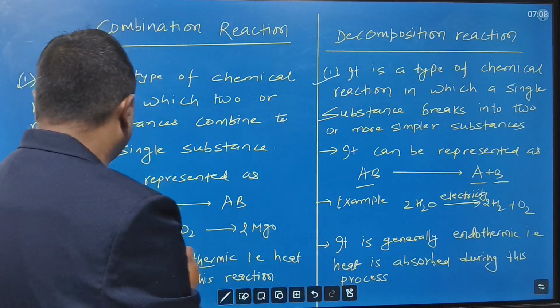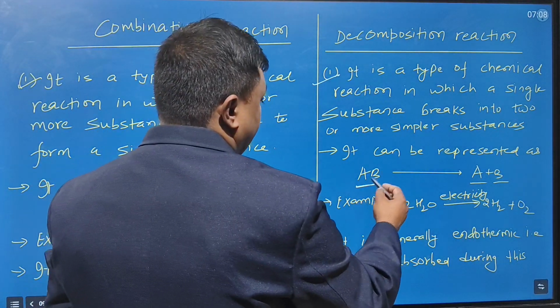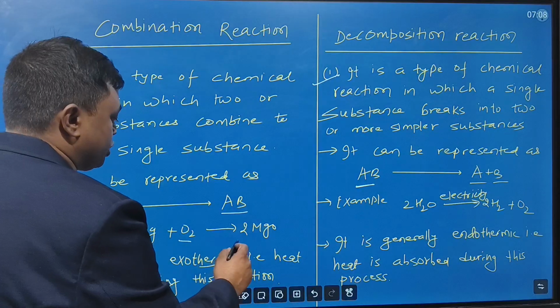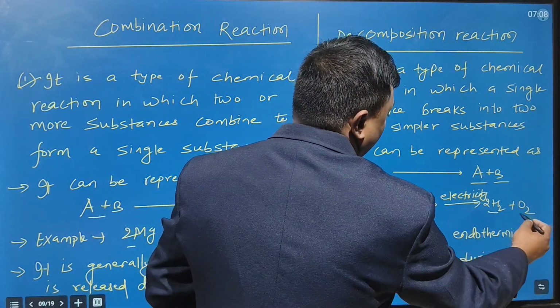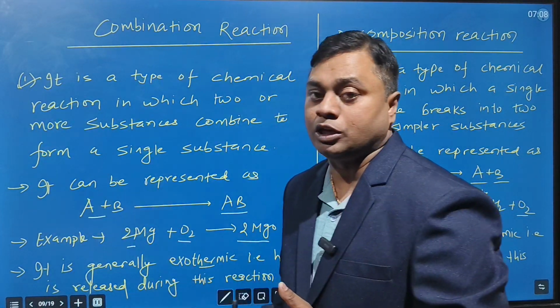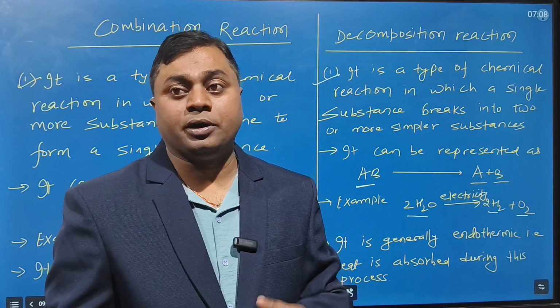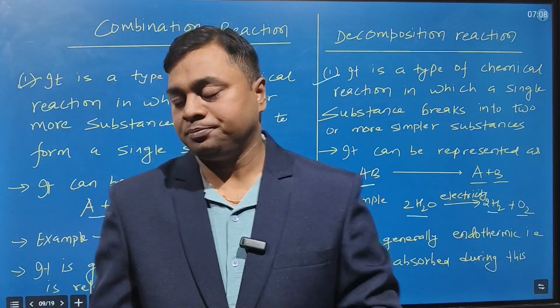So it can be represented like this: A plus B gives rise to AB here, and AB gives rise to A and B. Example, 2Mg plus O2 gives rise to 2MgO. Here the example is 2H2O gives rise to 2H2 and O2. Generally combination reactions are exothermic, whereas decomposition reactions are endothermic. When we talk about endothermic reactions, energy is absorbed.